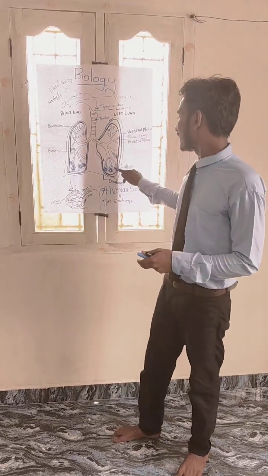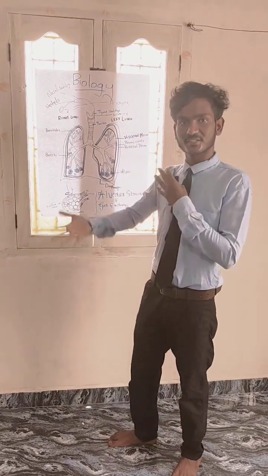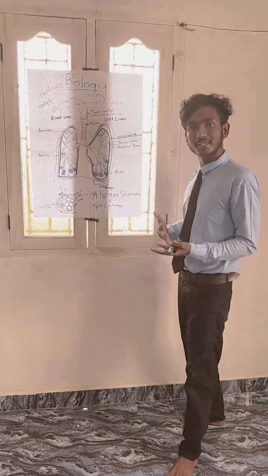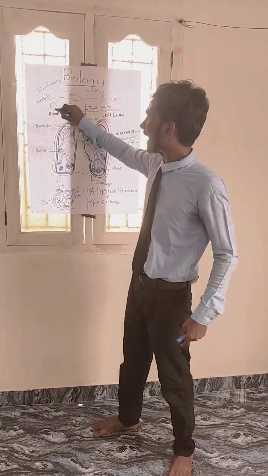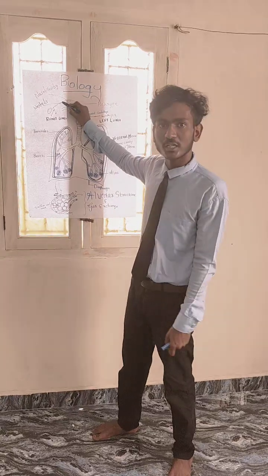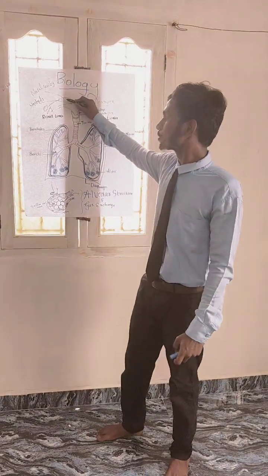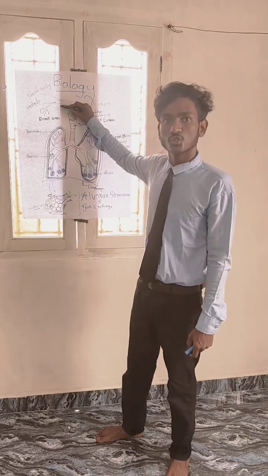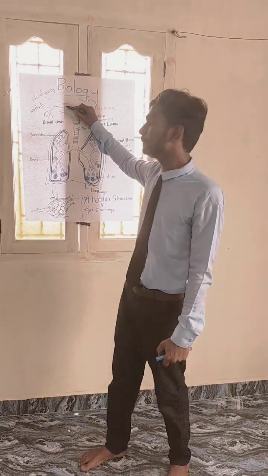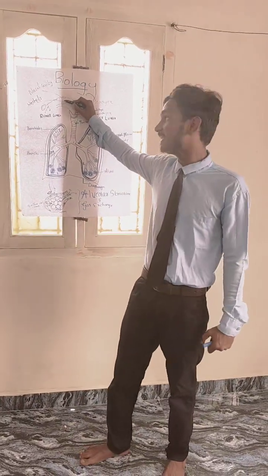So here, alveoli do gaseous exchange. We will discuss in detail. When we intake oxygen, the air goes to our nostril. From the nostril, it reaches the nasal cavity. In the nasal cavity, purification happens. So germs and bacteria are killed by mucus and dust is removed by tiny hairs.